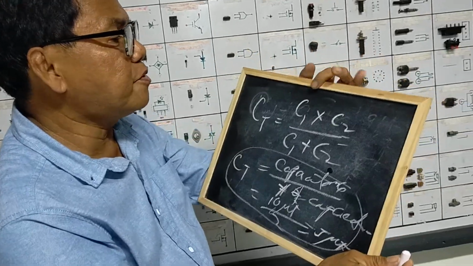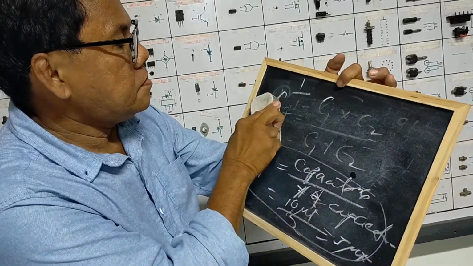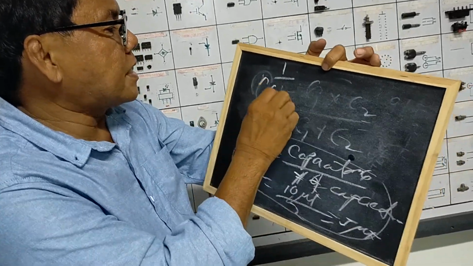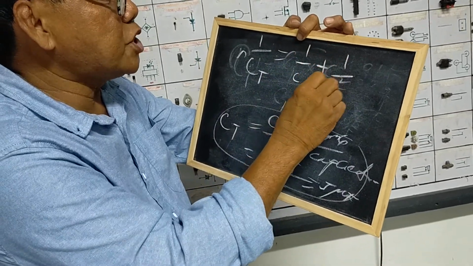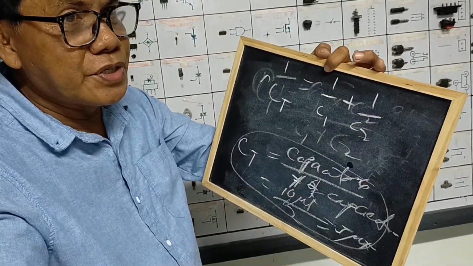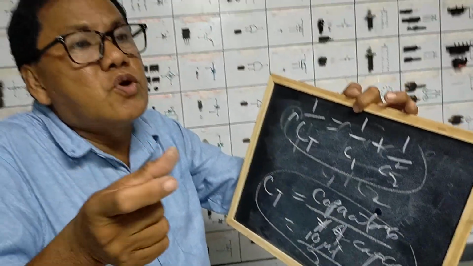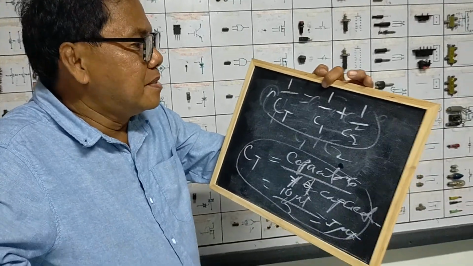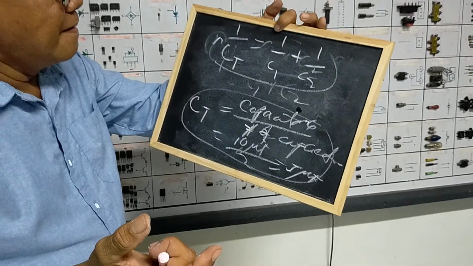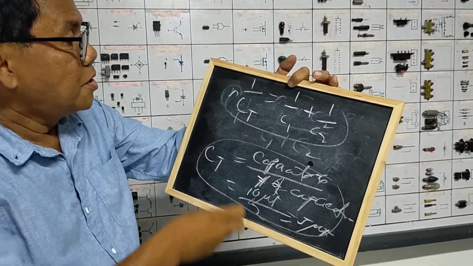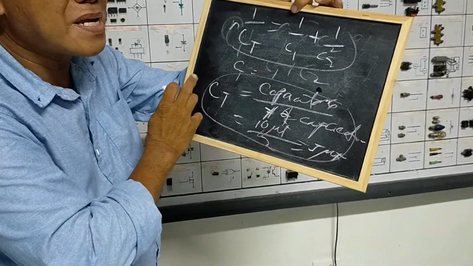Or you may use the third formula, the reciprocal formula: 1 over Ct is equal to 1 over C1 plus 1 over C2, and so on. This formula is applicable when you have two or more capacitors connected in series. But if there are only two, you can use Ct equals C1 times C2 over C1 plus C2.